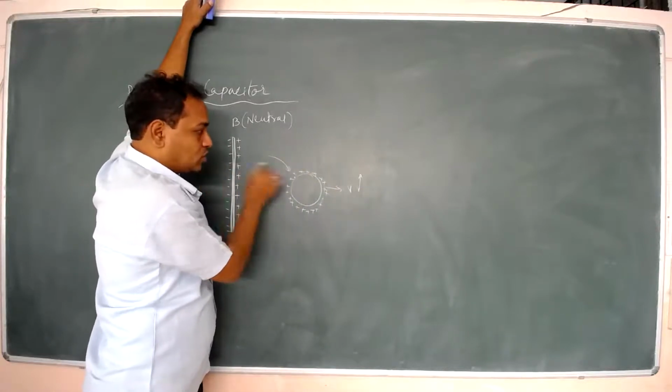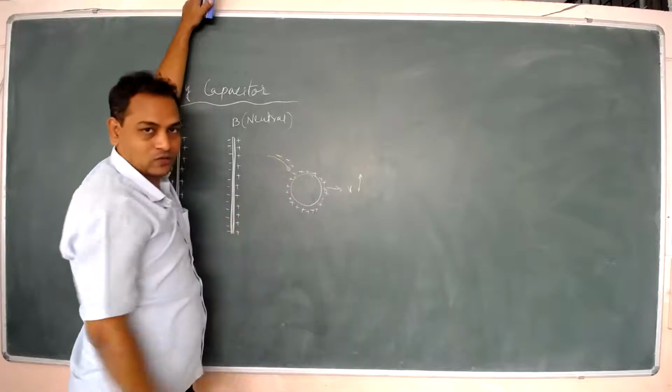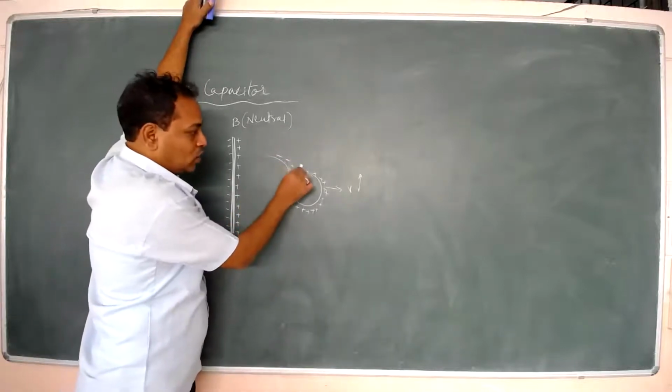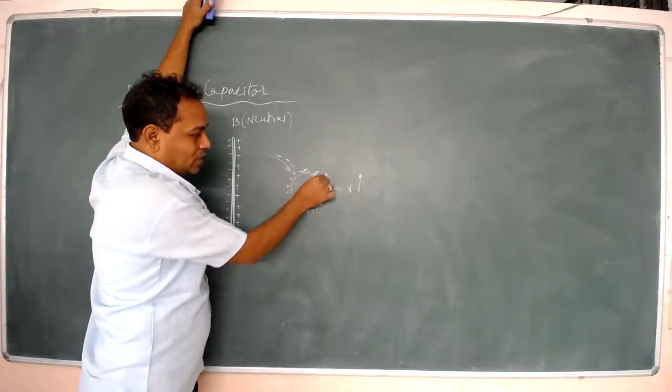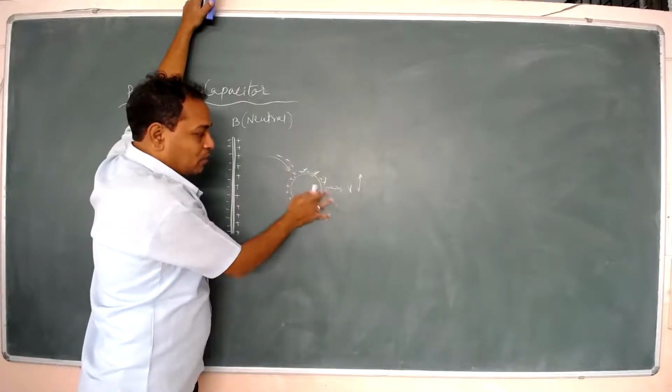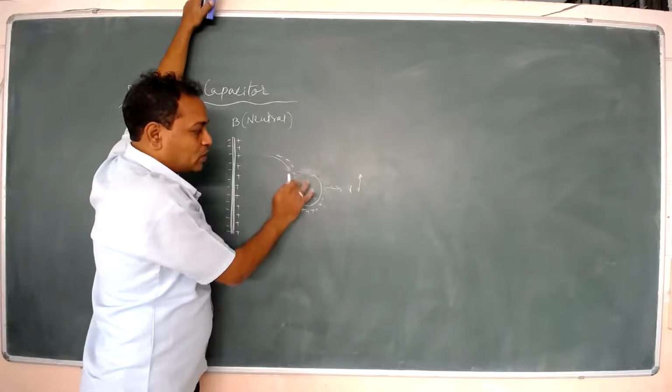Suppose instead you give a negative charge. What happens? The negative and positive will get cancelled, so finally the potential will keep on decreasing.